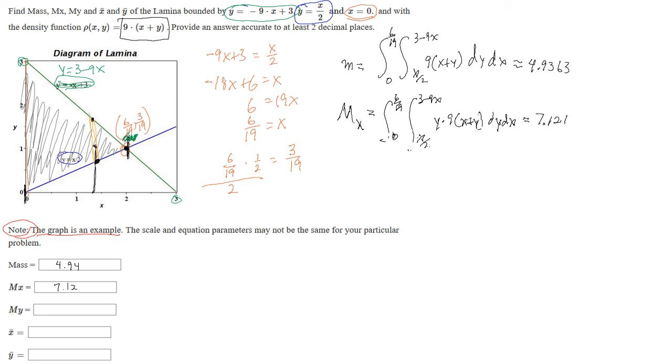Then to find the moment about the y-axis, same integral as the mass, that is.